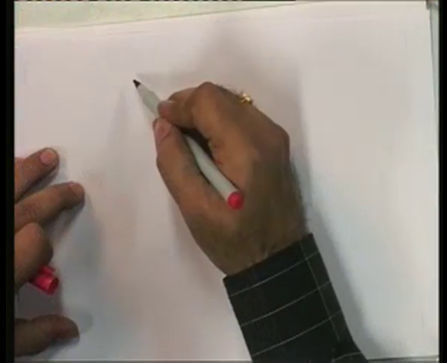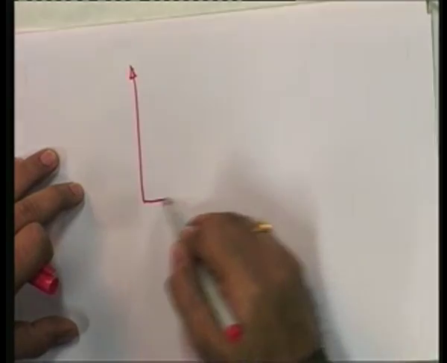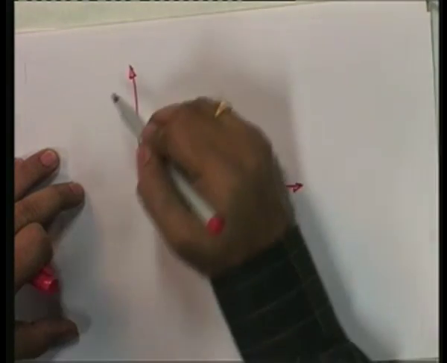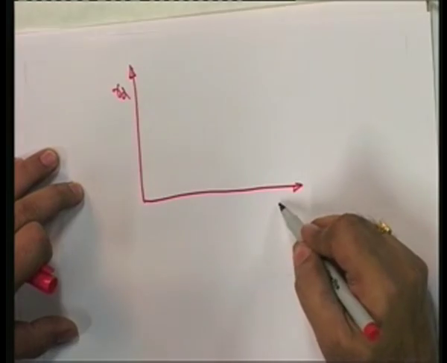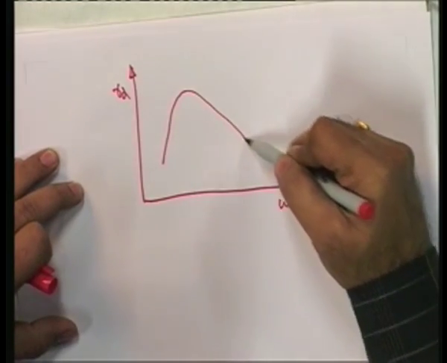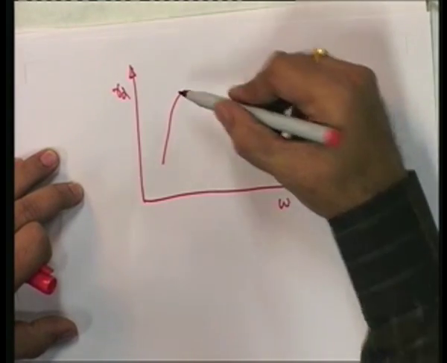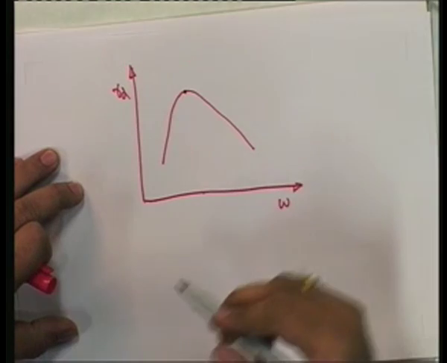If you look into this particular relationship, what we are discussing is gamma d and water content. Then you get a Proctor compaction curve. This is the maximum dry unit weight and optimum water content.